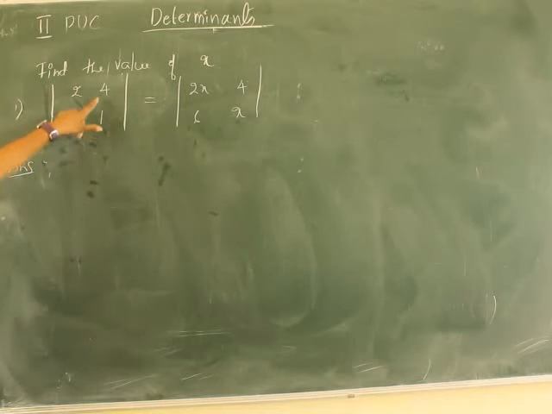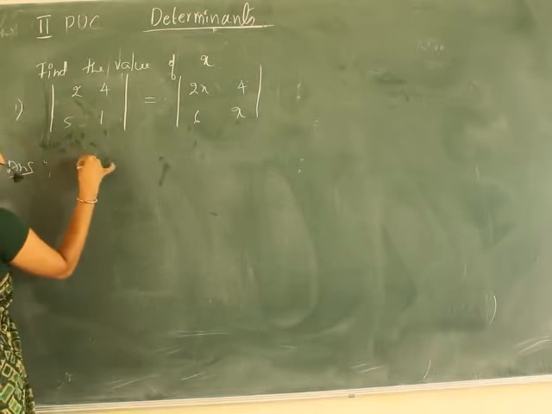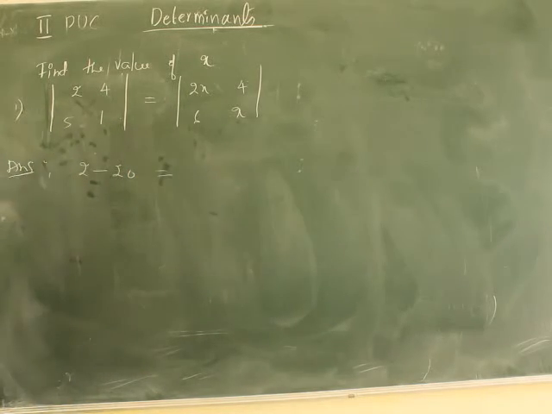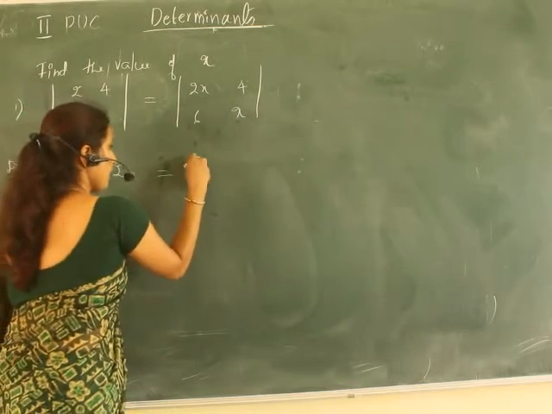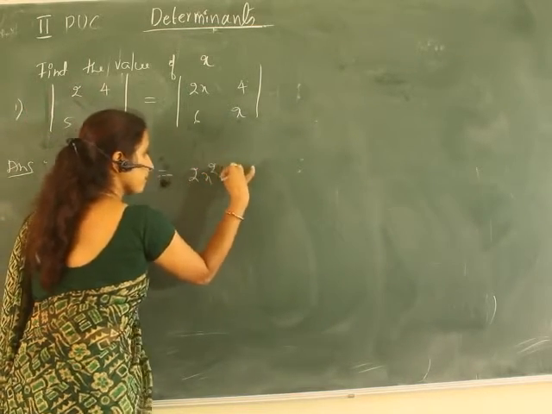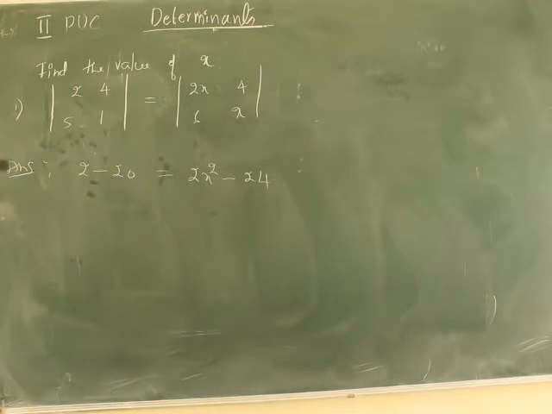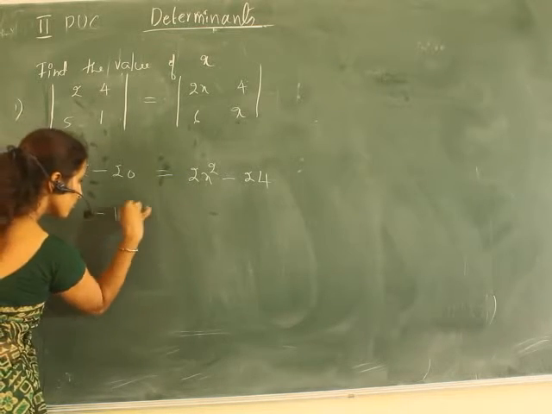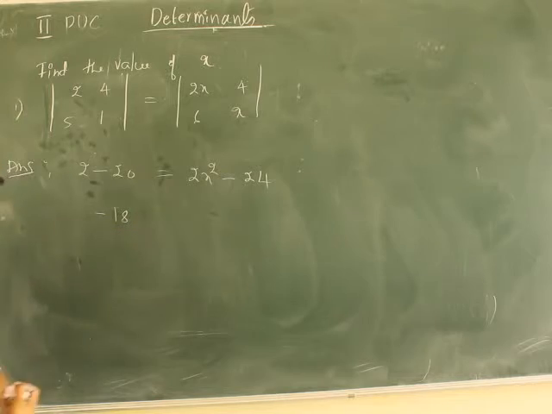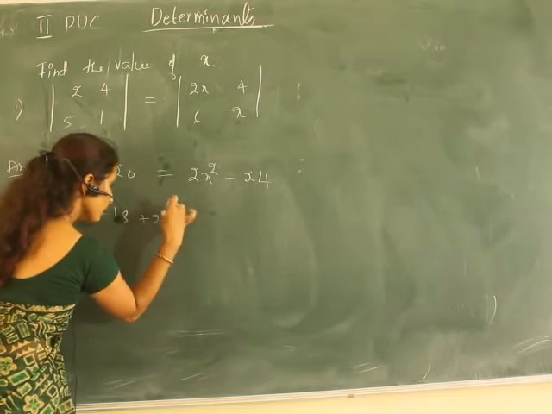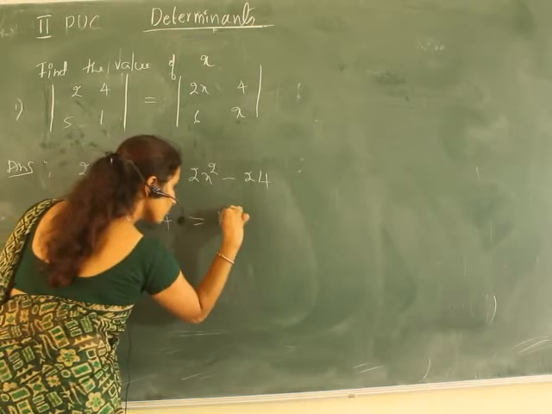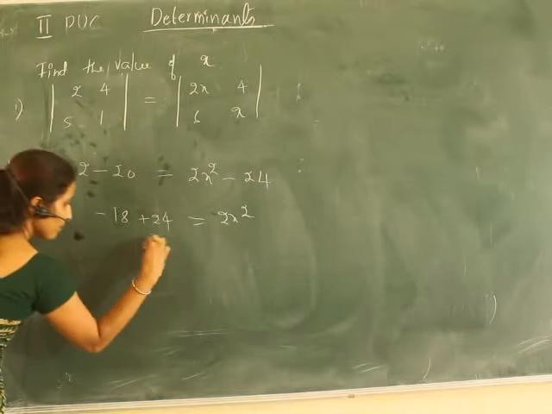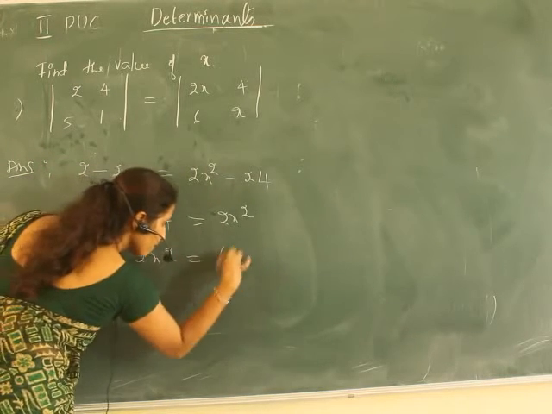Expansion of this will be 2 minus 20, which is equal to 2x into x, which is 2x square, minus 24. We expanded, so this will be minus 18. Taking this to one side, plus 24 is equal to 2x square. So 2x square will be 6.